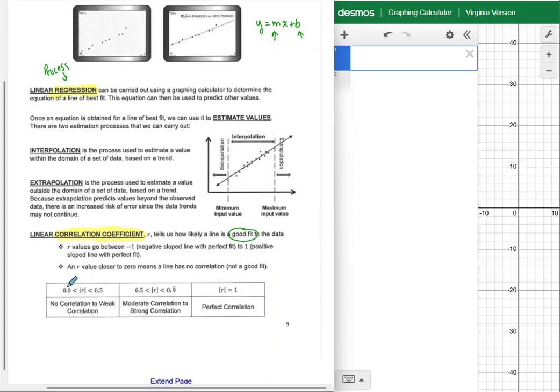If the number is between 0 and 0.5, we say that it is a weak correlation. If it's between 0.5 and 0.9, it is a strong correlation. If it's 0, it is definitely no correlation. And if it is 1, it is a perfect correlation. We'll see examples of those.